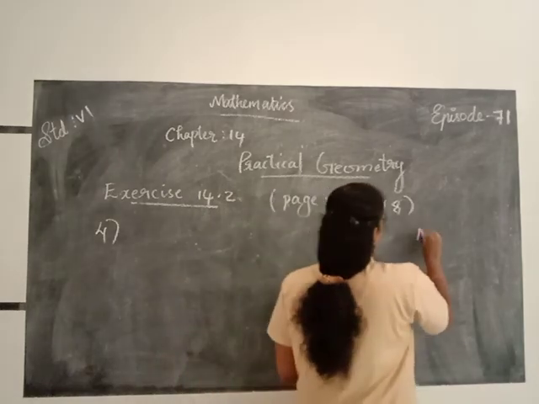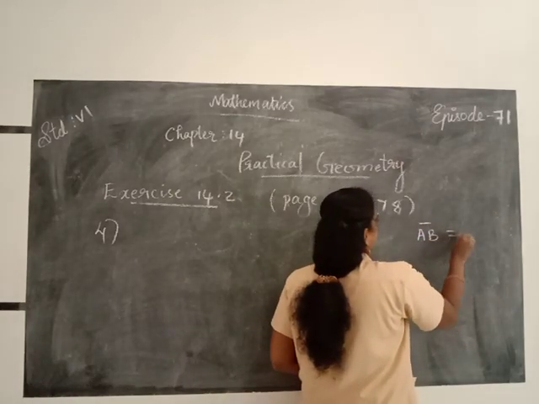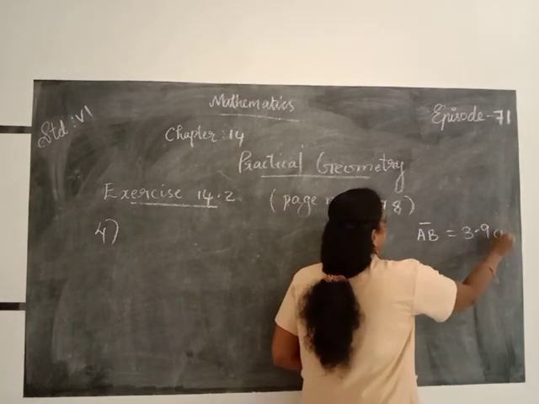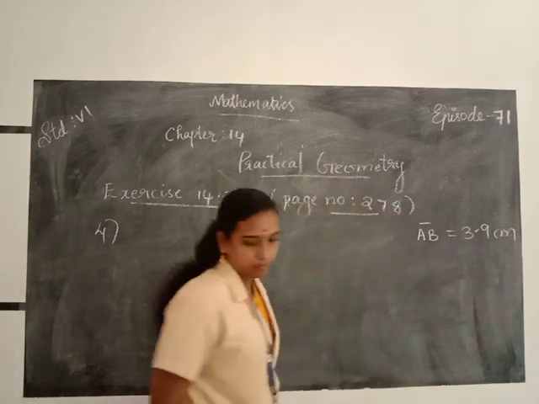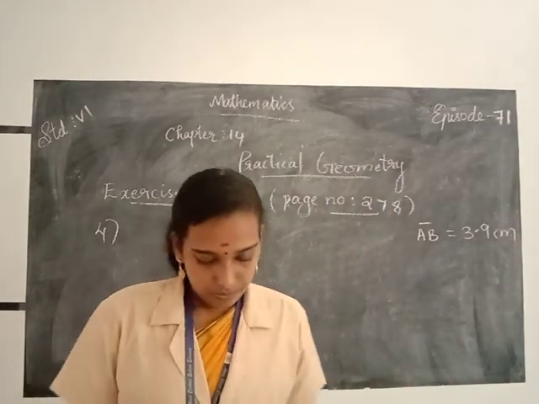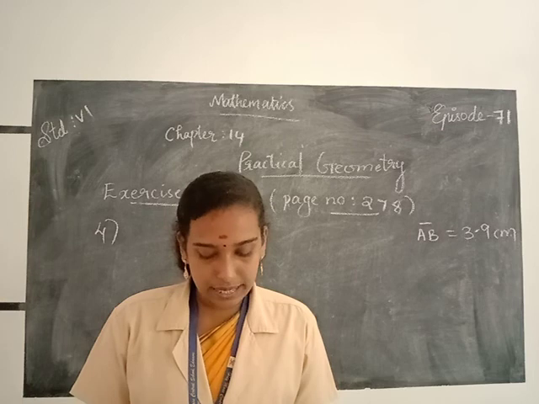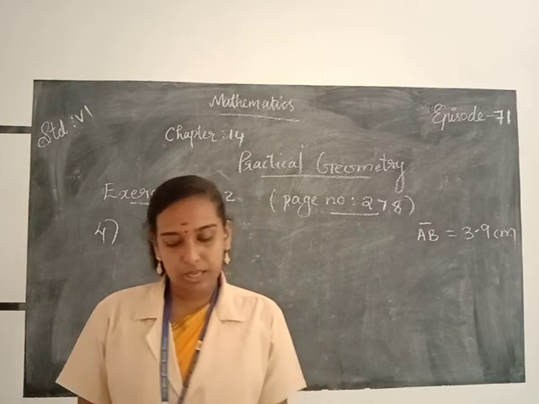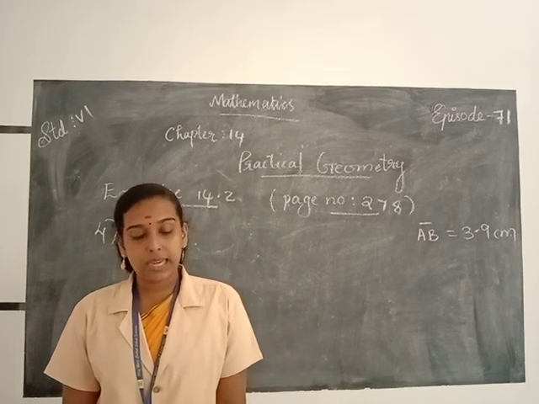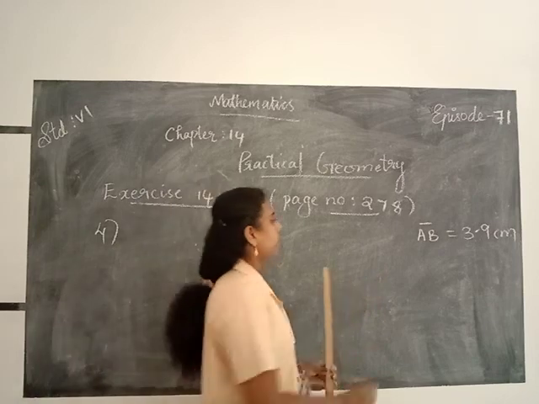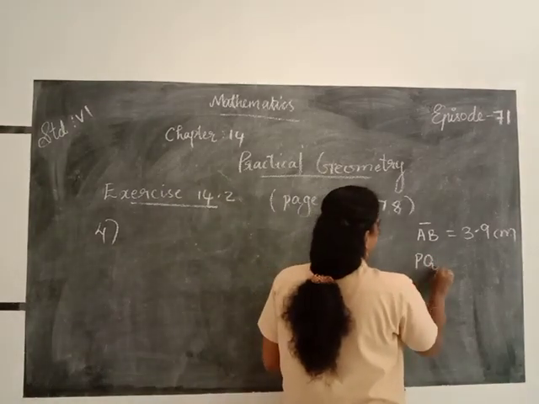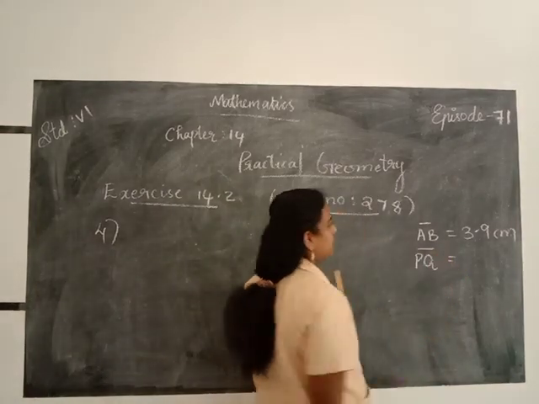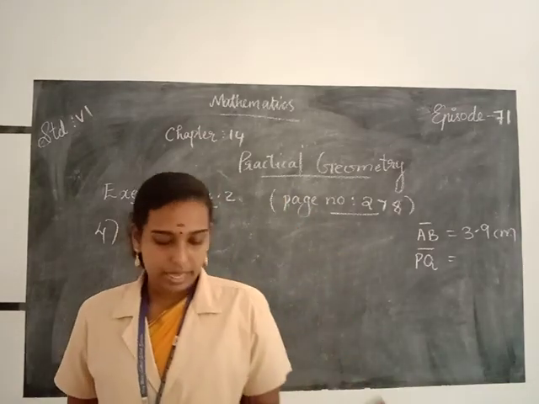We want to construct line segment PQ such that the length of line segment PQ is twice that of AB.